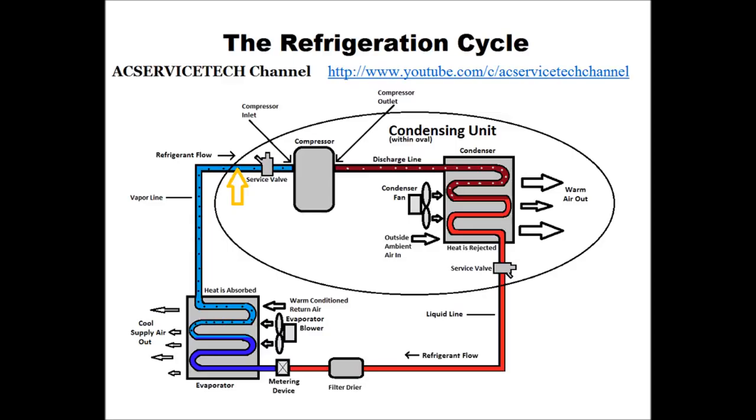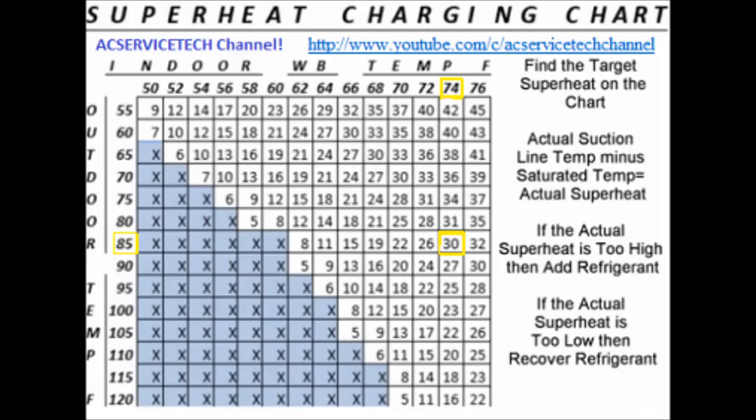All right, so depending on the day, with the temperature outside and the wet bulb temperature inside, on one day it could be a very high target superheat that we have to set the refrigerant charge to. On another day that's cooler outside and cooler inside, and there's less humidity inside the building, the target superheat that you're setting would end up being lower.